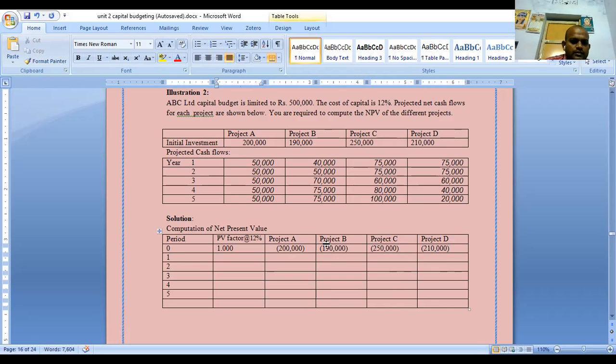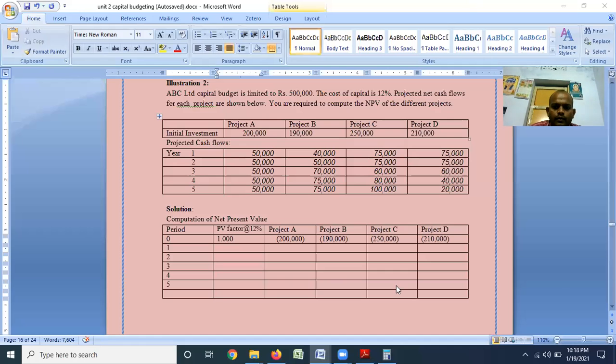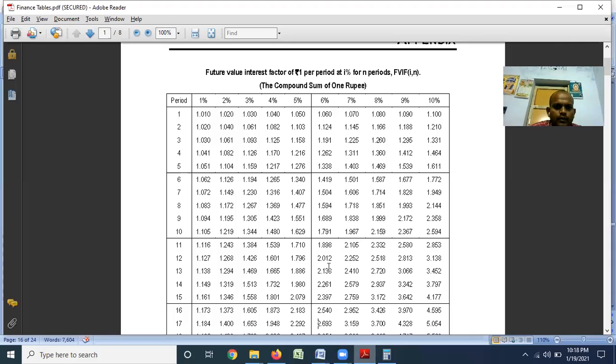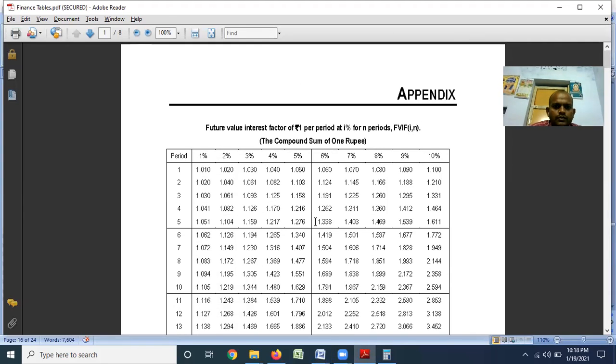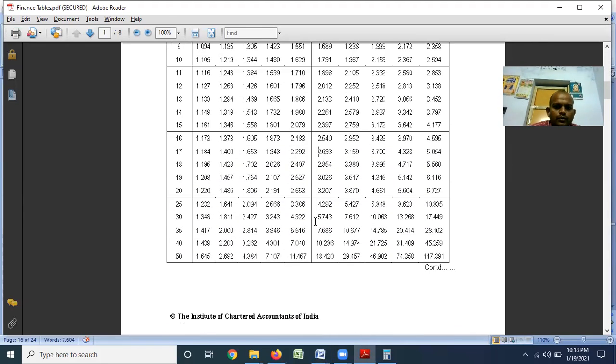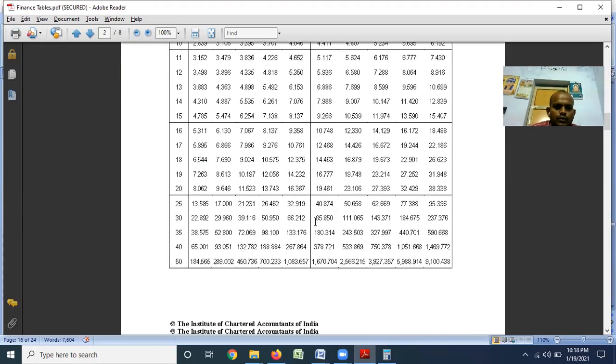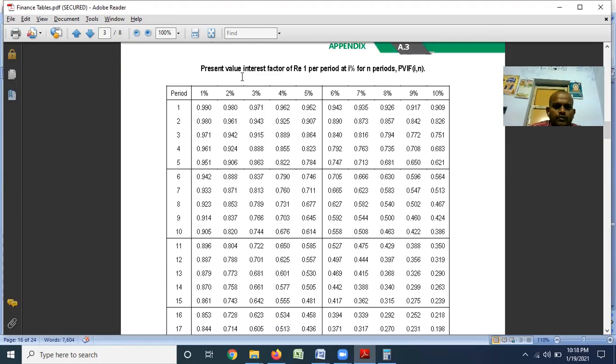So these are the present value factors for the years 1, 2, 3, 4, 5. Okay, this one is future value. So present value interest factor of 1 rupee.